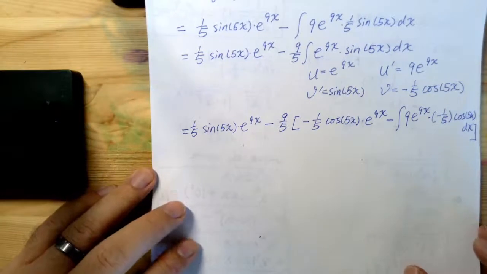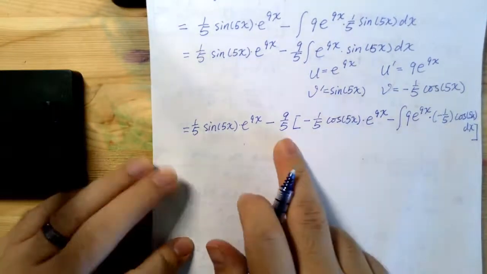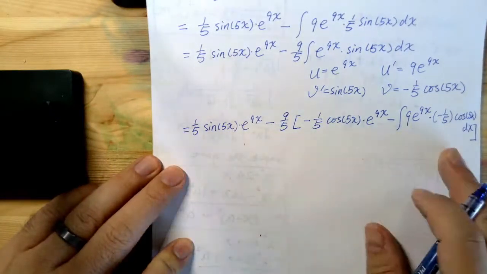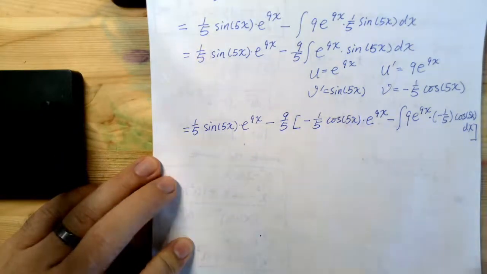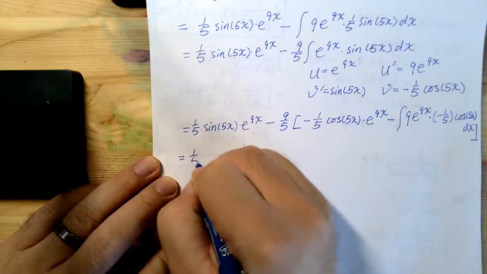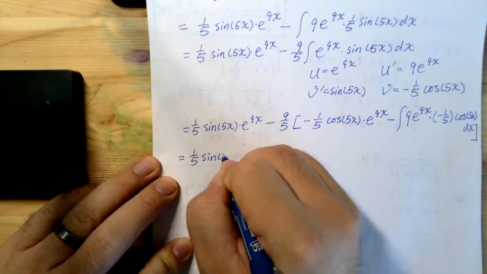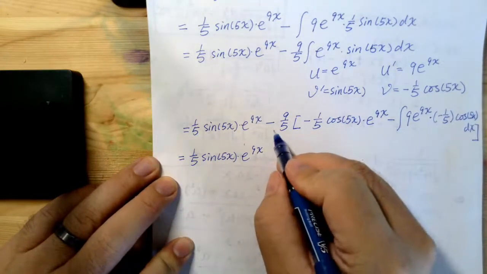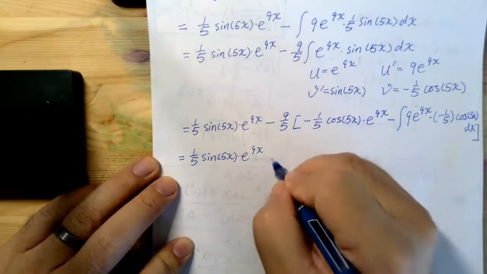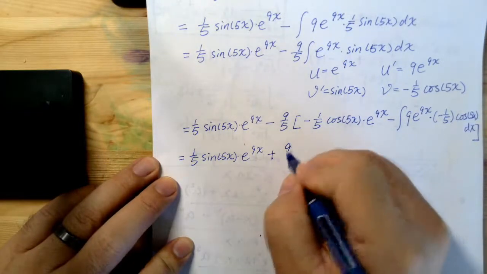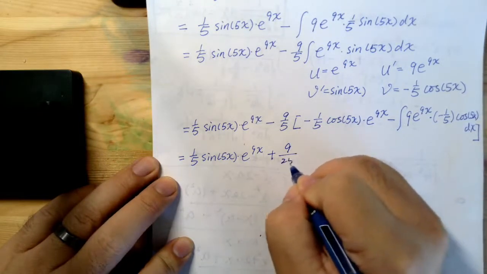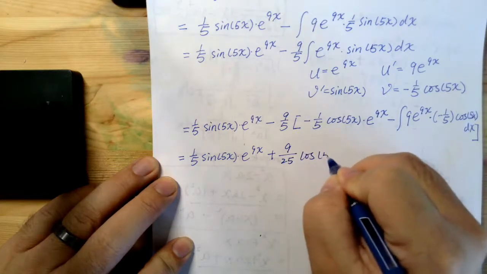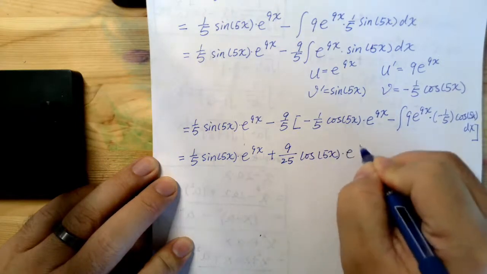Seems there is some work, but let's try to remove those brackets to see what happened. So we have 1/5 sine of 5x times e to the power 9x. This is not a minus, it becomes plus 9/25 cosine of 5x times e to the power 9x.